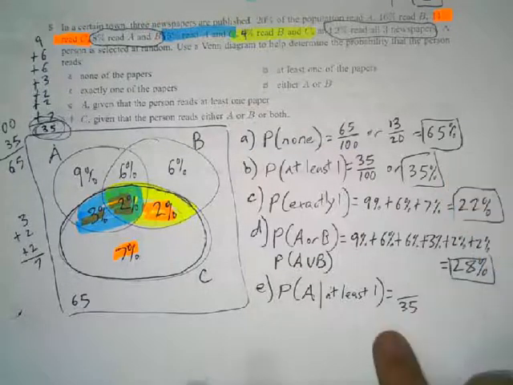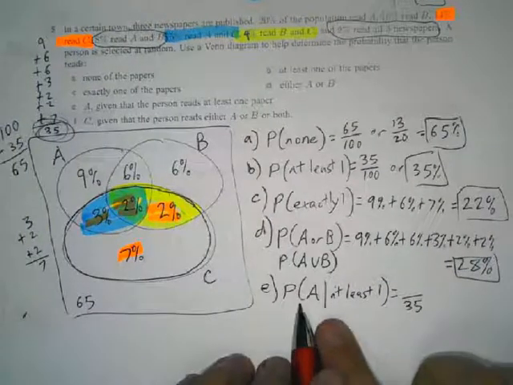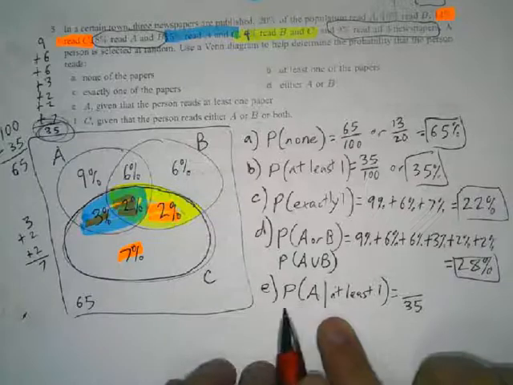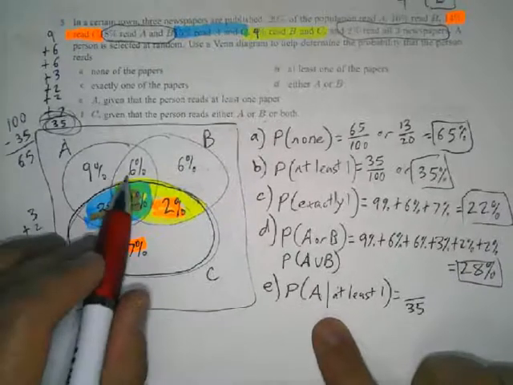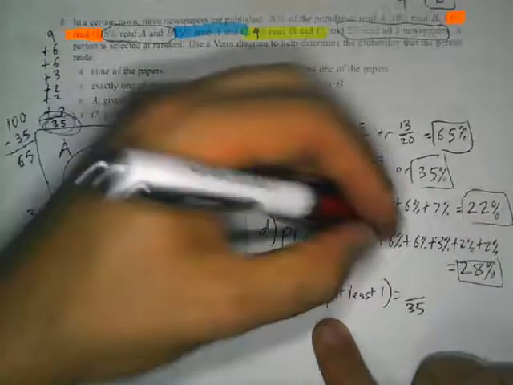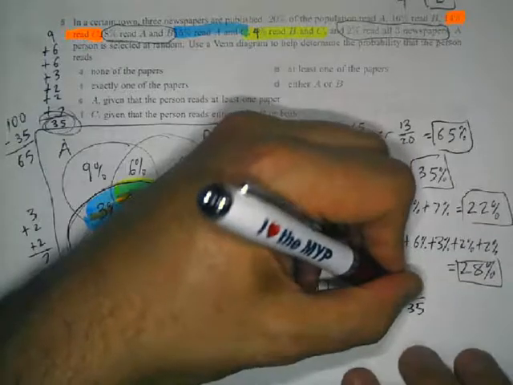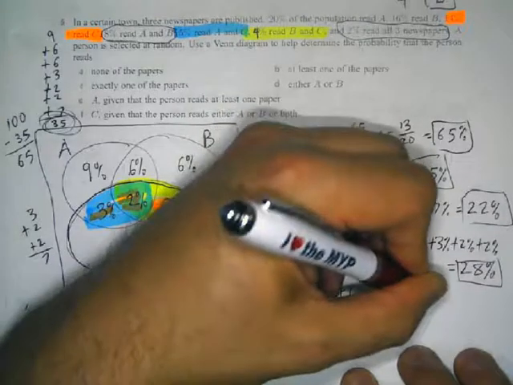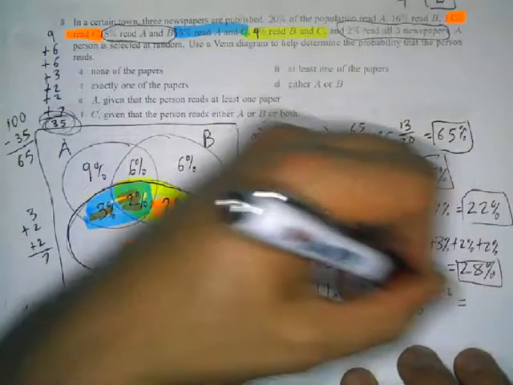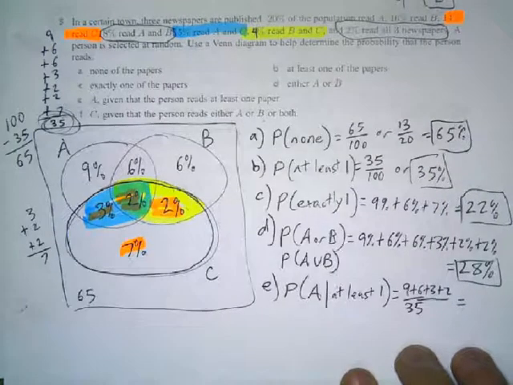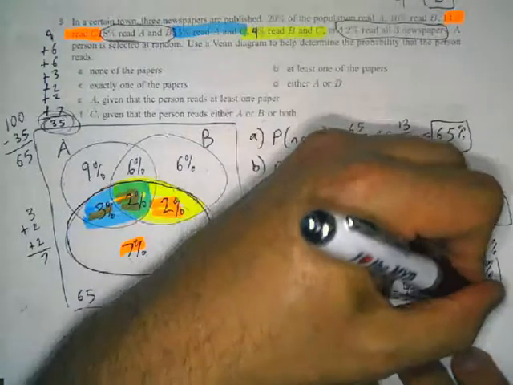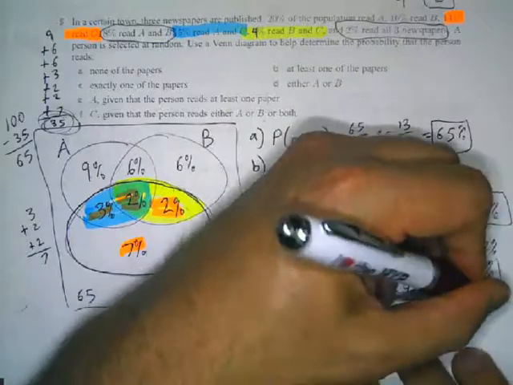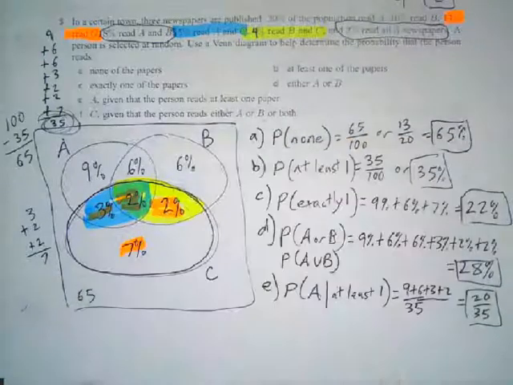And the probability of A, given it's at least 1, our numerator is going to be 9 plus 6 plus 3 plus 2, which is equal to 20 over 35. And you could write that as a percentage if you wish.